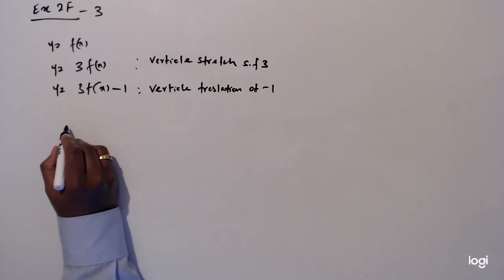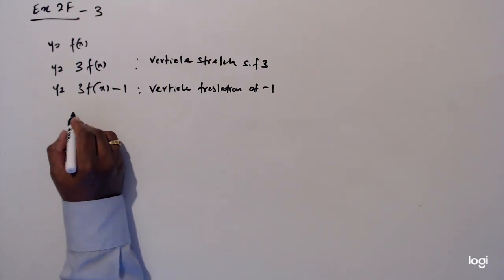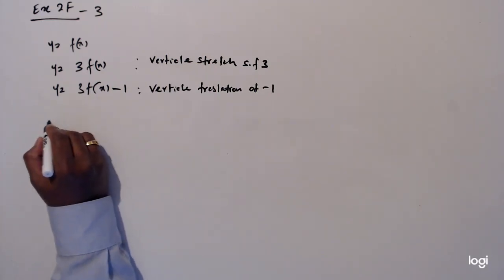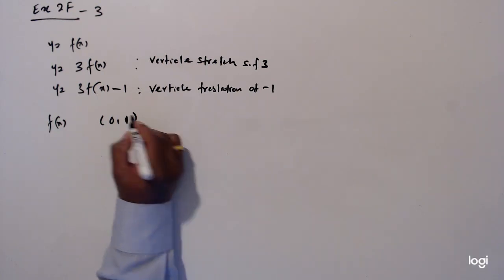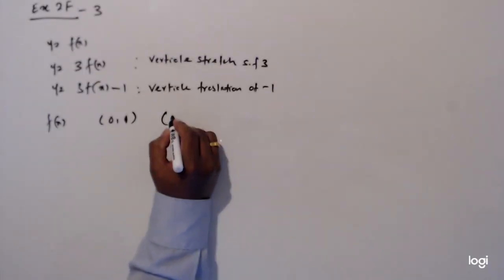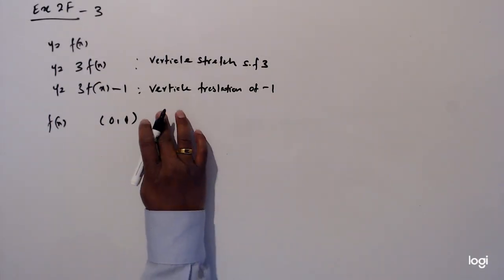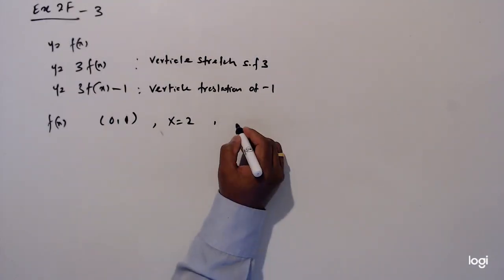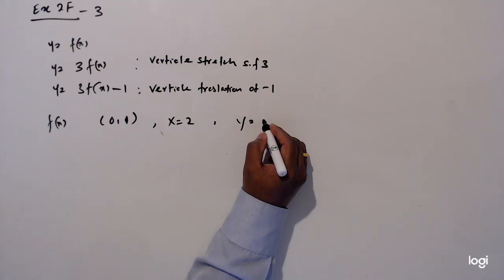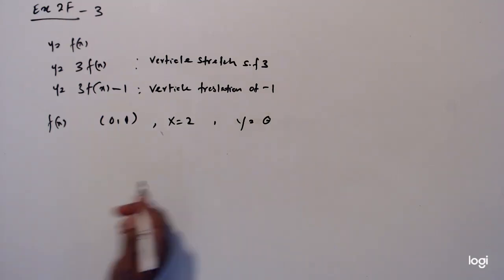Let's consider a few points. For f(x), we have (0, 1), and I'm going to consider two lines: x equals 2, this is an asymptote, and y equals 0, this is also an asymptote.